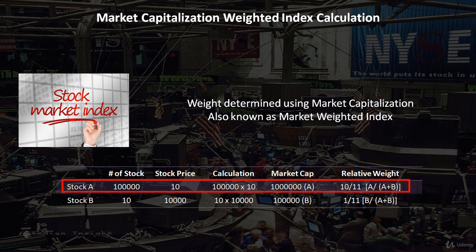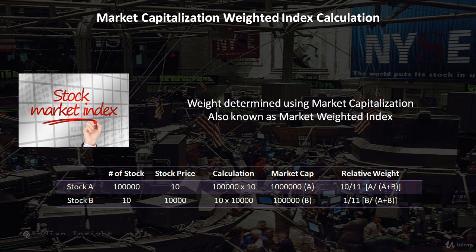We will use each stock's market cap and divide by the total market cap of the index constituents. So in this case, the total market cap would be 1.1 million. In order to arrive at the index, the weight of each stock would be calculated by dividing the stock's market cap by the total market cap.